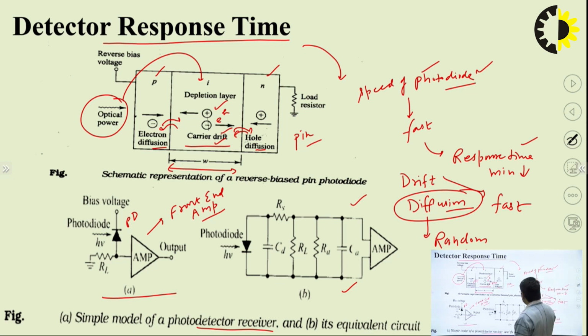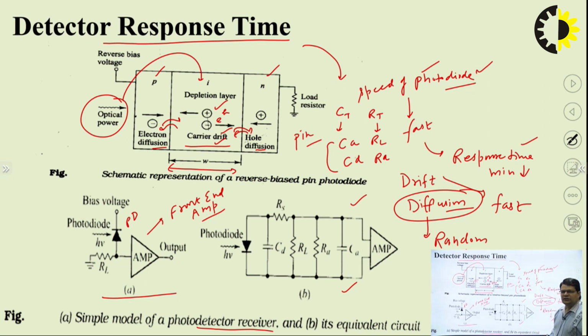Capacitance may be amplifier capacitance and junction capacitance CD. Resistance may be load resistance RL and amplifier resistance RA. These combined capacitances can be denoted by CT, and combined resistance can be denoted by RT. These will contribute towards the RC time constant.